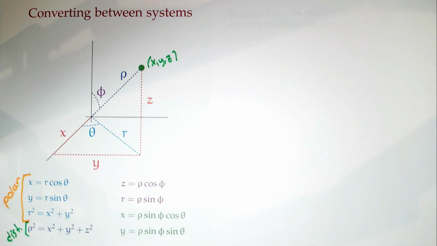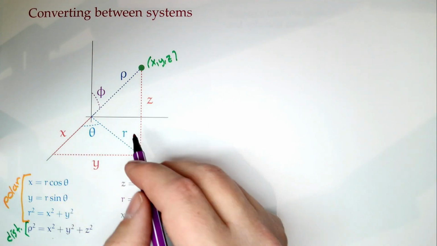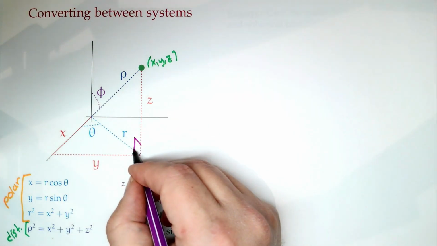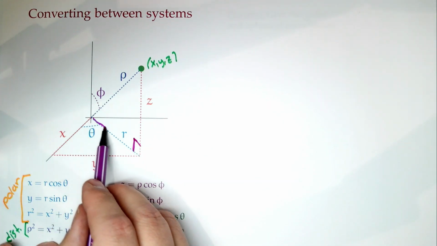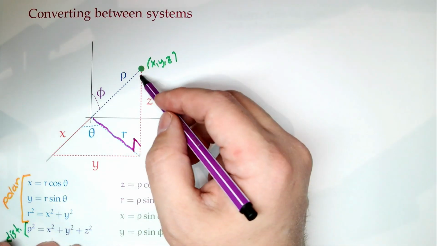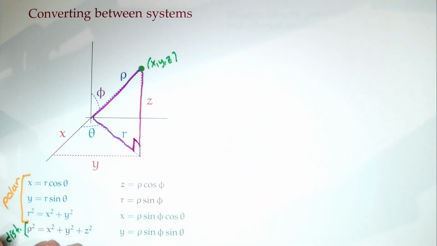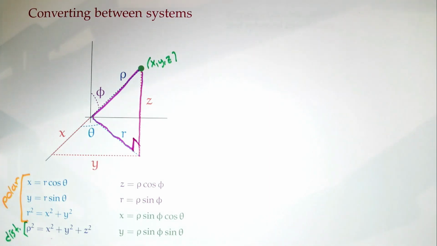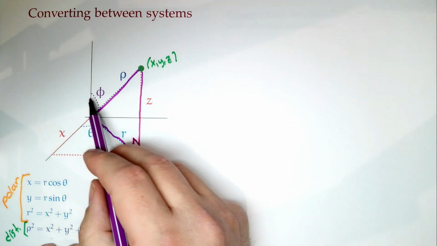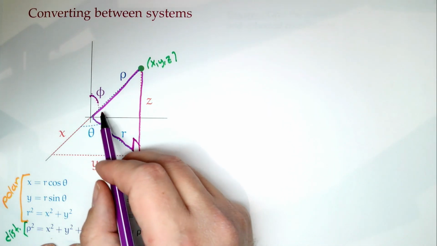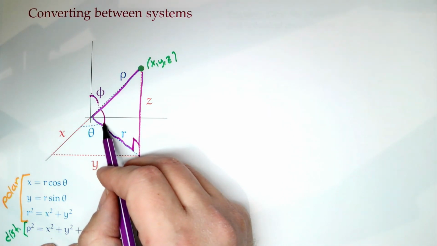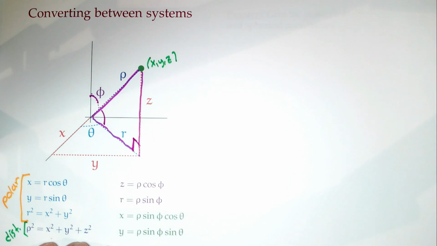Well, the next two follow from noting that I have here a right triangle. On one side I have r, another side I have z, on the third side I have rho. Now the only thing I don't have is an angle, but I do know a couple of things. This angle phi here, it turns out that this angle down here, it complements it.